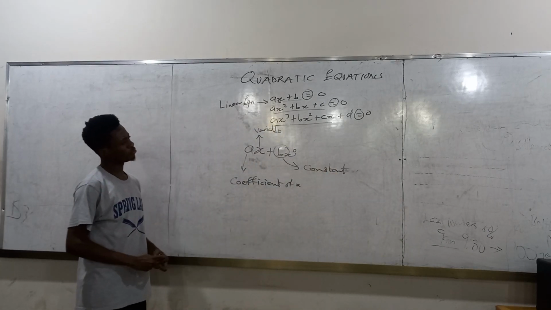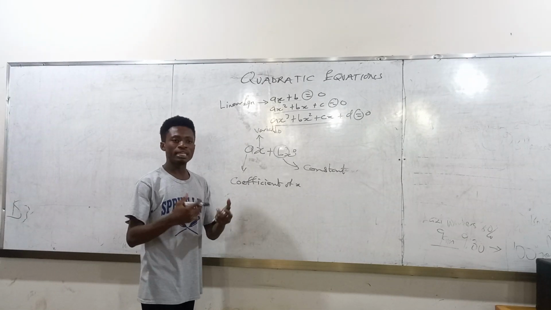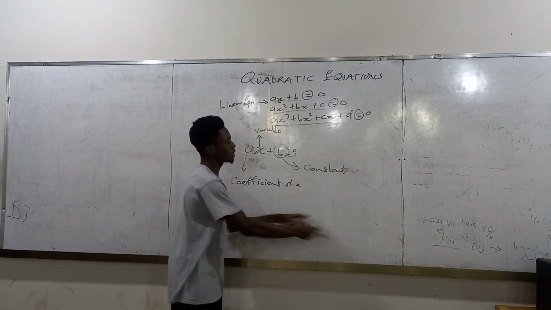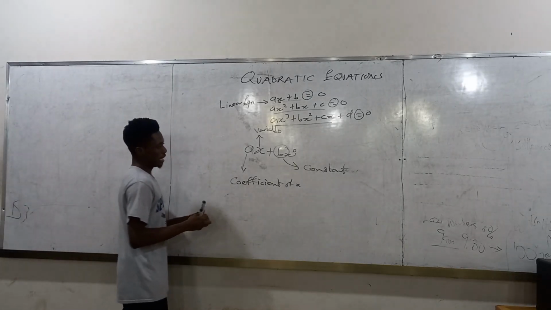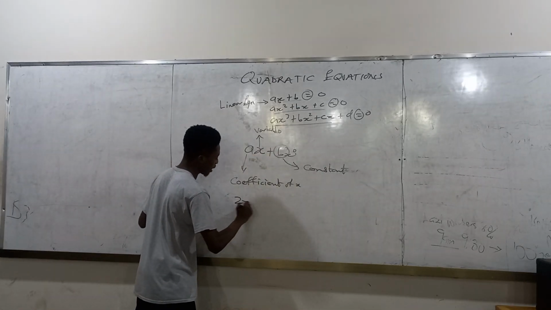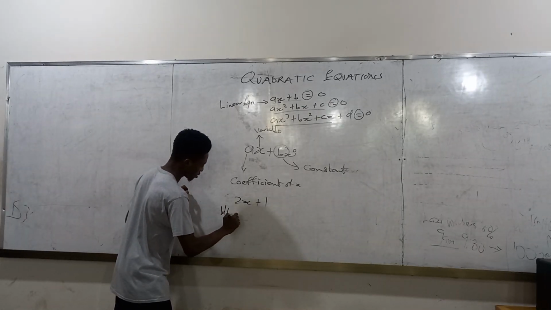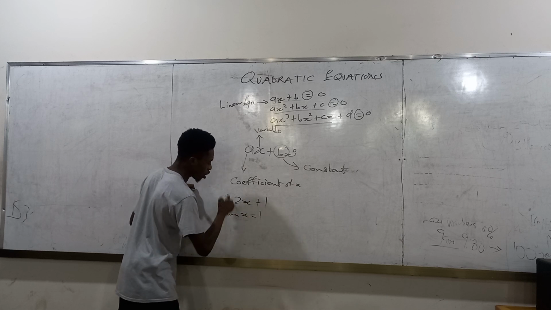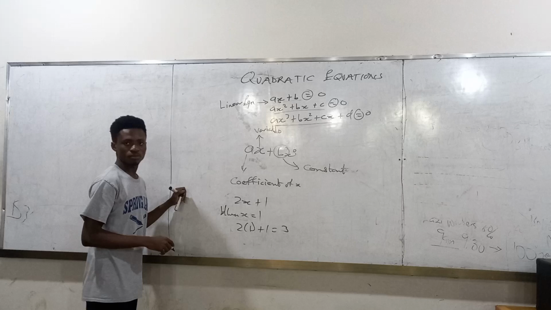So in mathematics, normally a variable is anything that accepts input and changes the nature of an expression. Do you get it? For instance, if we have 2x plus 1 and we define x as 1, it will change the nature of this expression to 3.